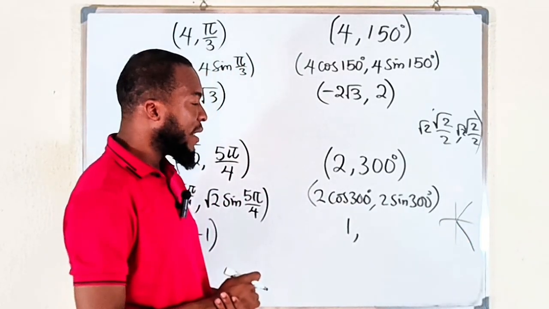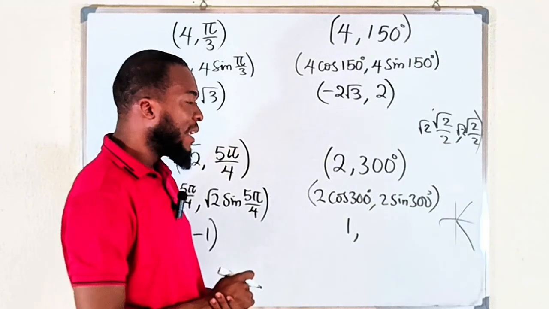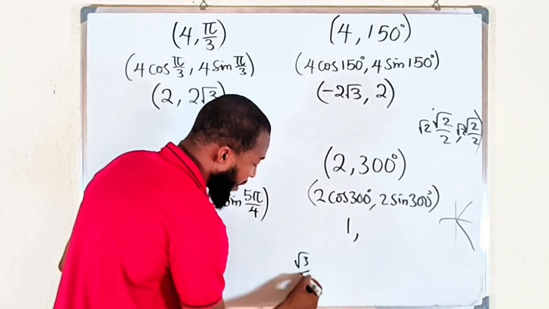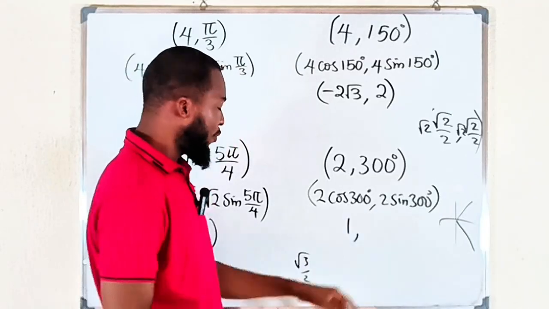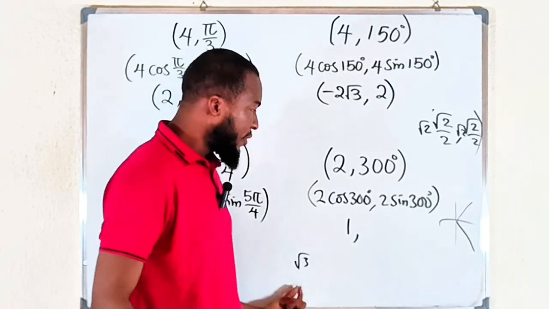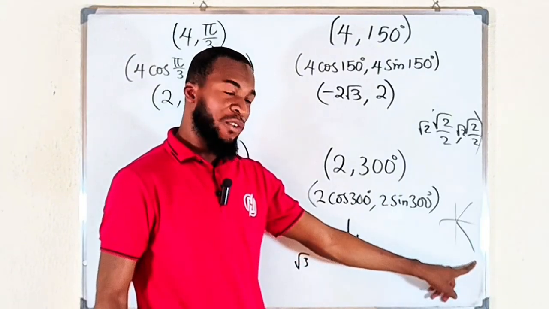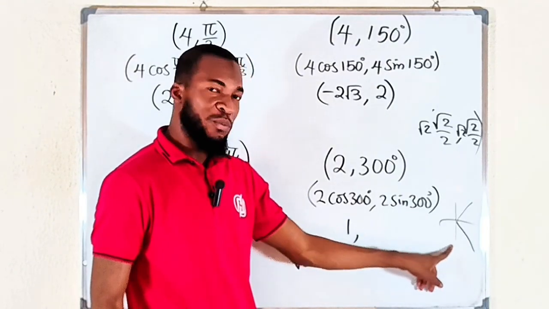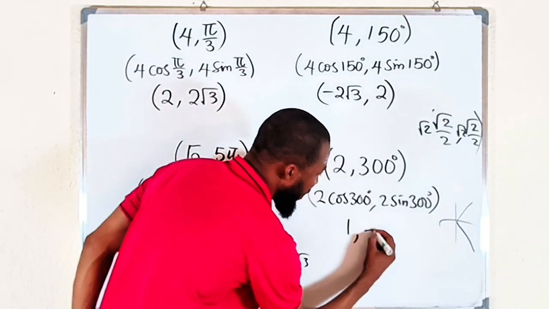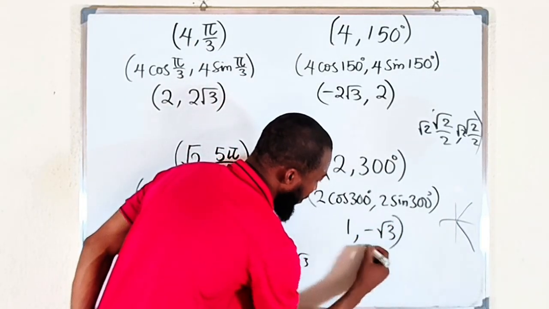Then you take sine of 60 degrees, which is square root of 3 divided by 2, right? Then you multiply by 2. This 2 will go, leaving only root 3. But this root 3 should be considered in the fourth quadrant. And in the fourth quadrant, it should be negative, because the y-axis is negative. So this is negative root 3.